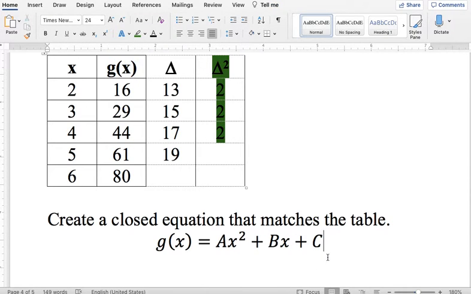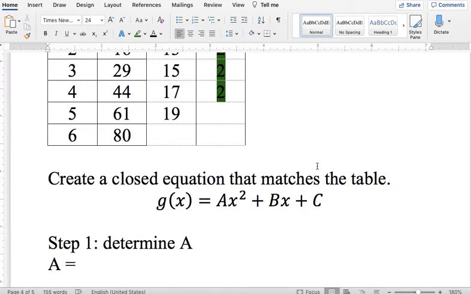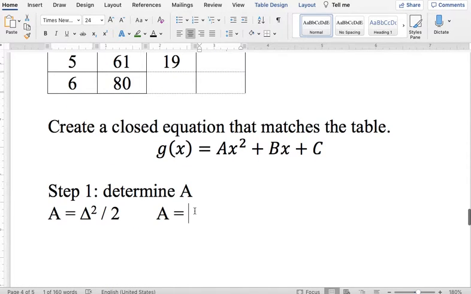Okay, so sure, let's go step 1. Determine a. Okay, I once again know my a is equal to my second difference column divided by 2. My second difference column is a number 2, positive.